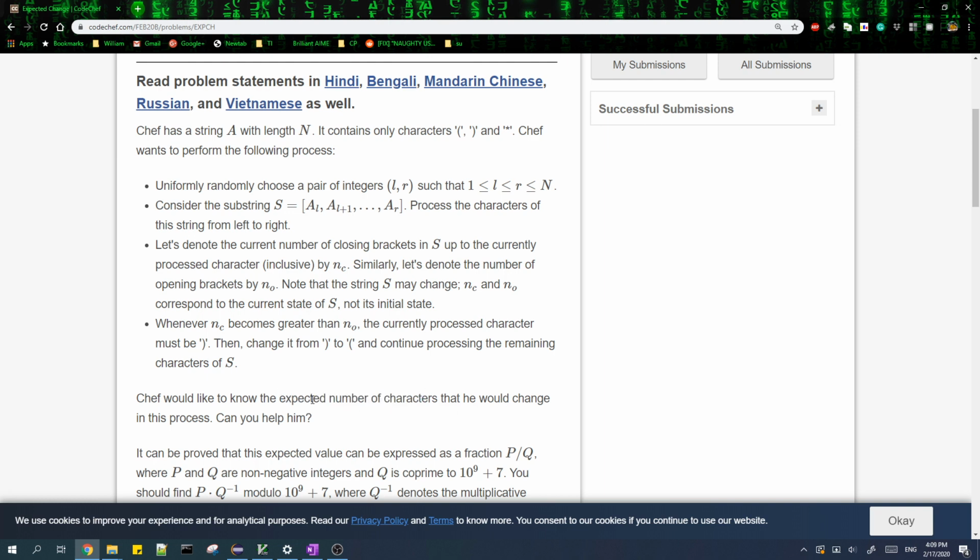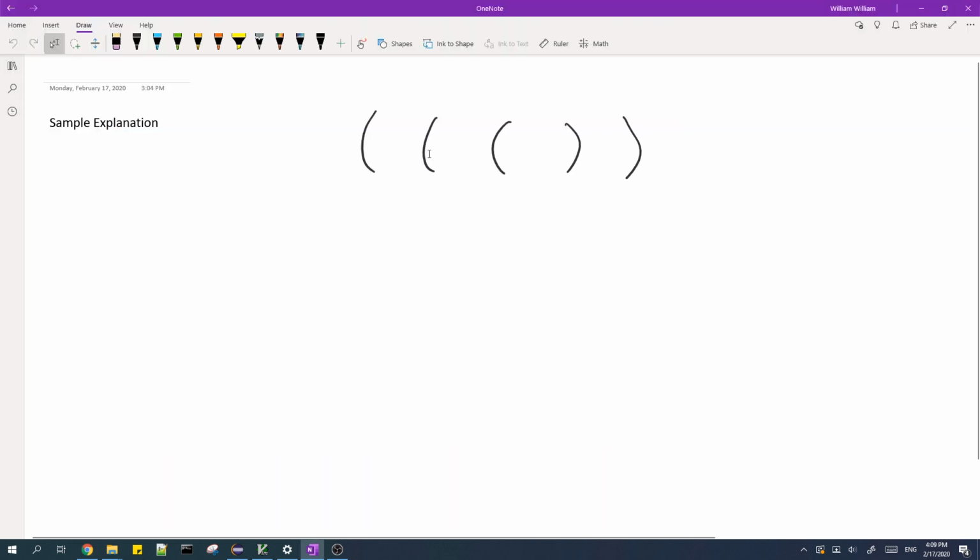By expected number, the problem basically means that we want to find the average number of characters that we would change over all possible cases, so over all possible substrings that we choose. For substrings of length 1, you have 5 of them.